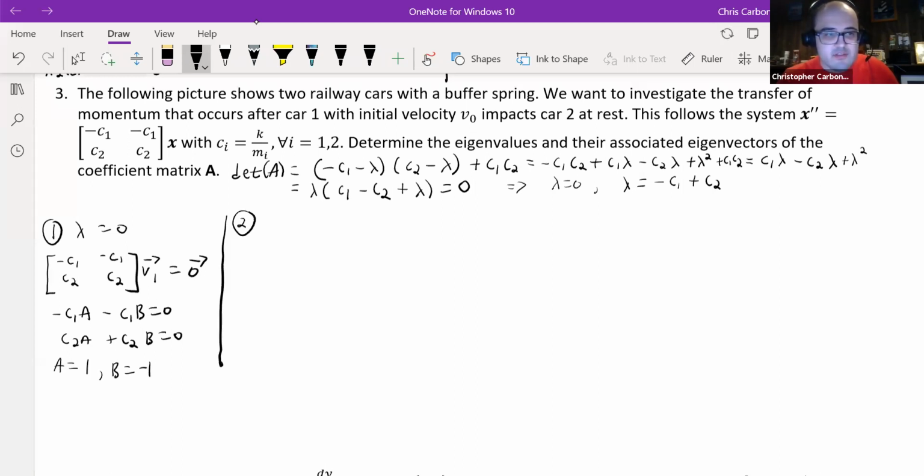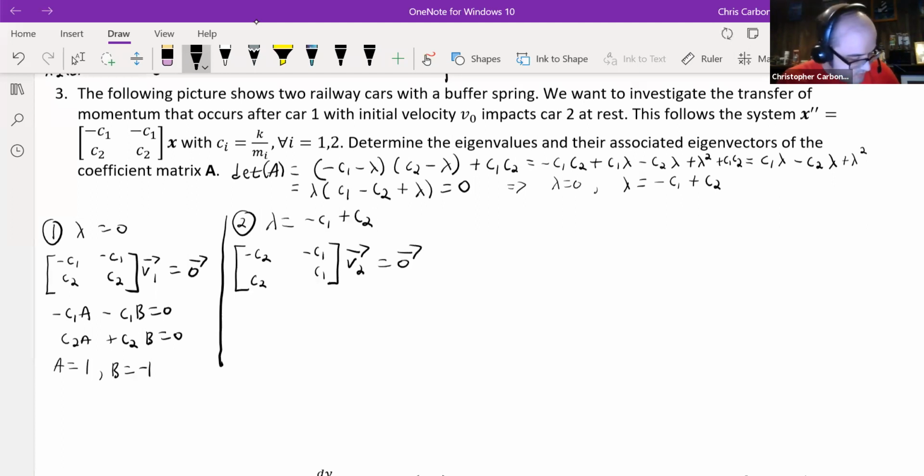Likewise, for case number 2, this would be lambda is equal to negative c sub 1 plus c sub 2. We will get the following matrix when we subtract this eigenvalue across the main diagonal: negative c sub 2, negative c sub 1, c sub 2, c sub 1, times our eigenvector v sub 2 is equal to the 0 vector.